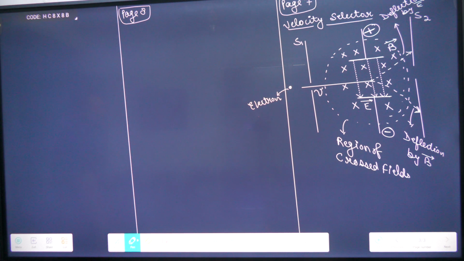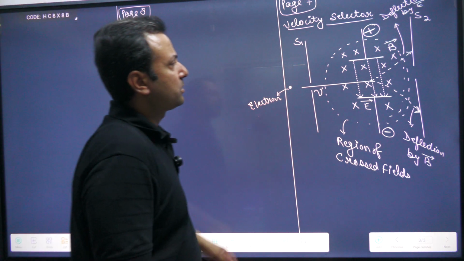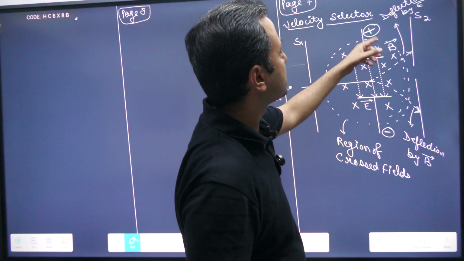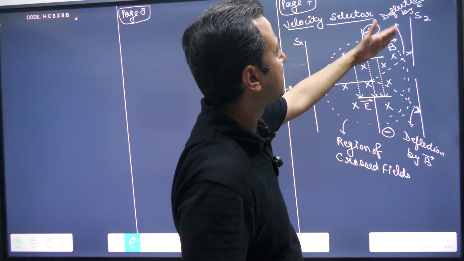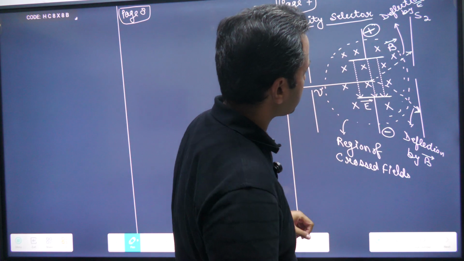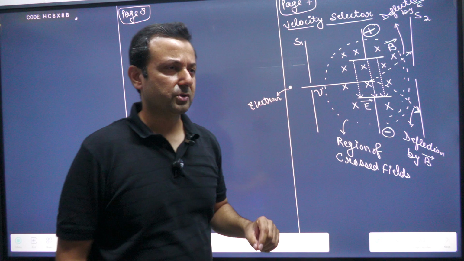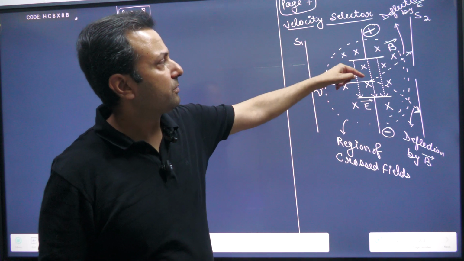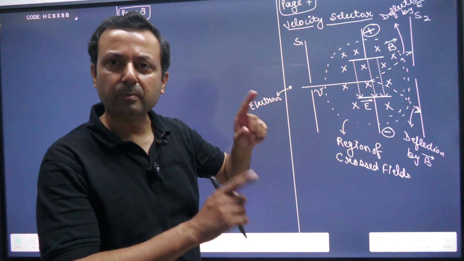Yes, sir. Okay. So some electrons are getting deflected towards the positive terminal, in the upward direction. Some electrons deflect in the downward direction. But there are some electrons on which the electric force and magnetic force are equal and opposite.